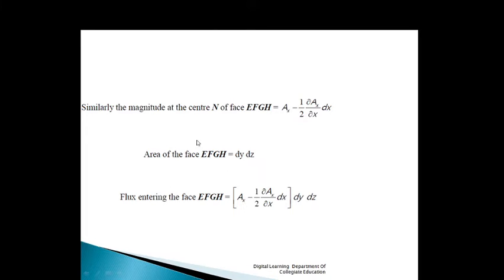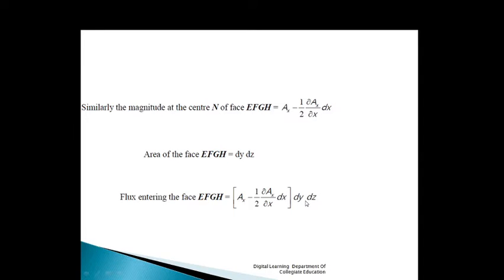Therefore, the area of face EFGH equals dy into dz. From the flux definition we know: magnitude of the vector entering the face EFGH times the area. The magnitude at the center of the face EFGH we know.